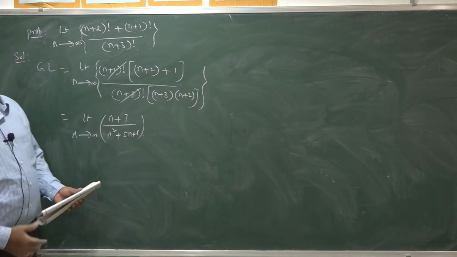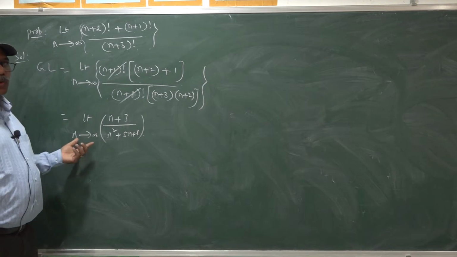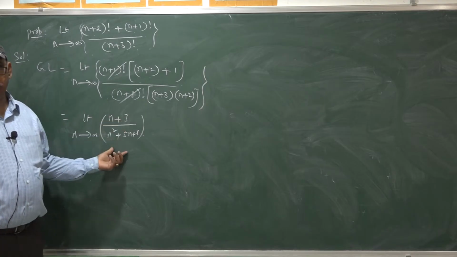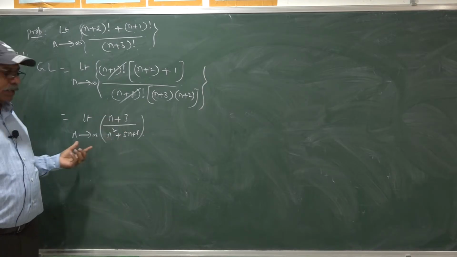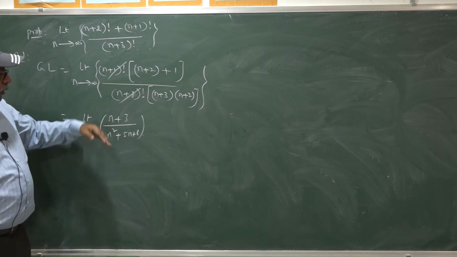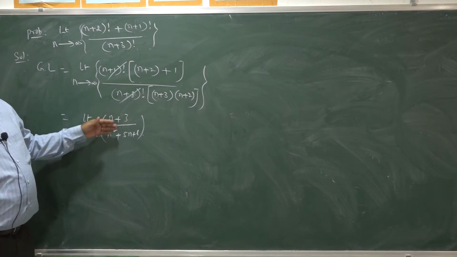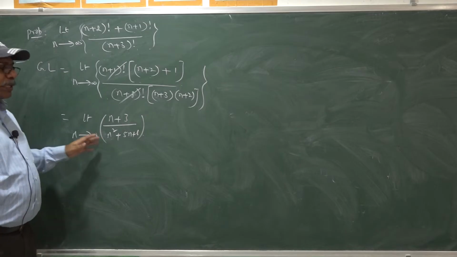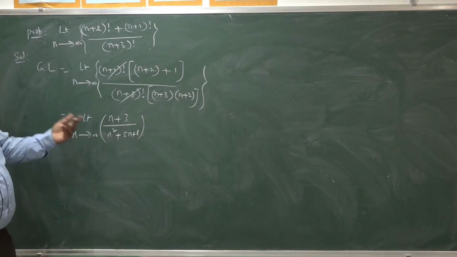Clearly this is of the form limit as n goes to infinity of f(n) by g(n). The degree of the numerator is less than the degree of the denominator. In such a case, the value is clearly 0.